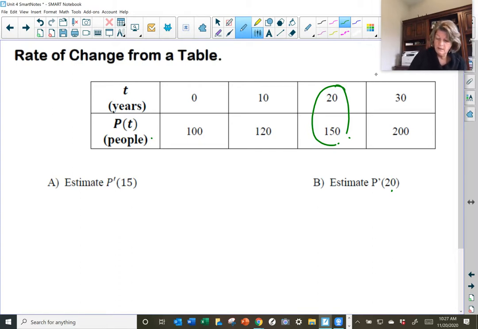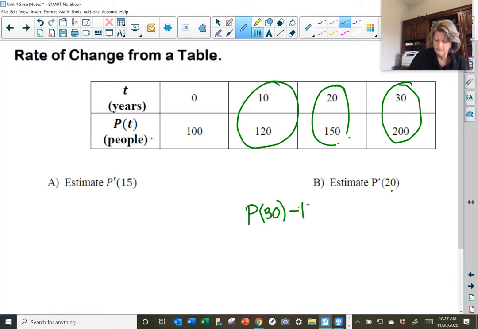You can work with 30 and time 10 and do it that way. So I could do P of 30 minus P of 10 over 30 minus 10. I didn't calculate out the answer. I could also estimate, I could use 20 and 10.